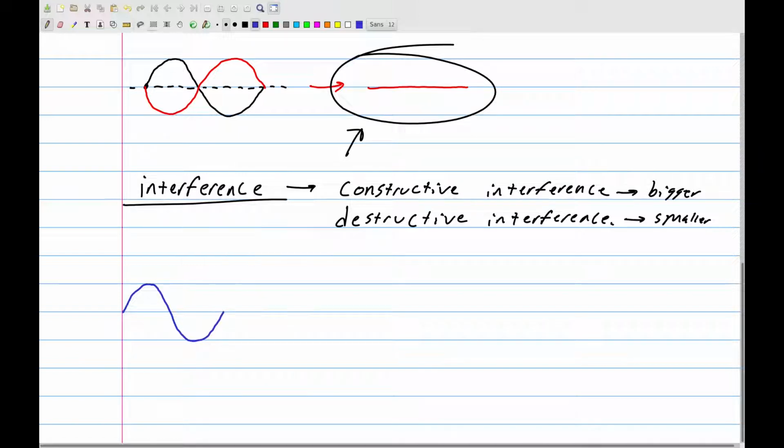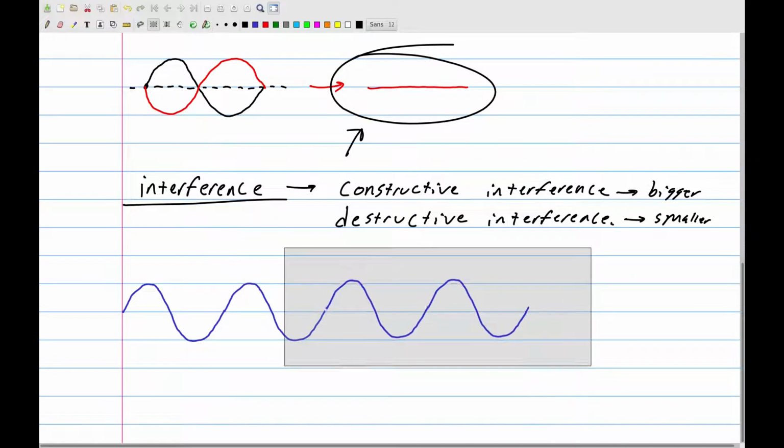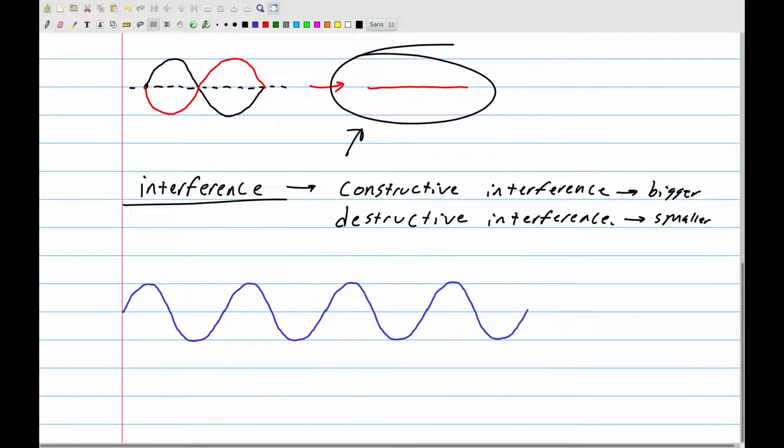And then to make sure I maintain the same sort of wavelength here, I'm just going to copy that and paste it a couple times so that we have a nice wave that looks like this. Bam. There we go. Beautiful. Now, let's pretend that this wave was infinite in size. That means we can see where I've stopped drawing it, but in reality, it keeps on going all the way out to the right and all the way out to the left.